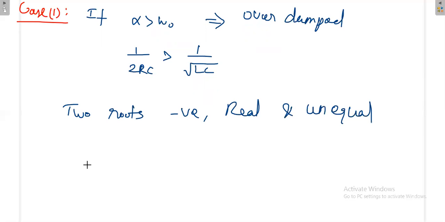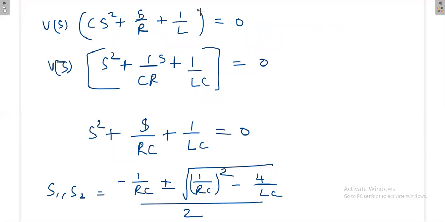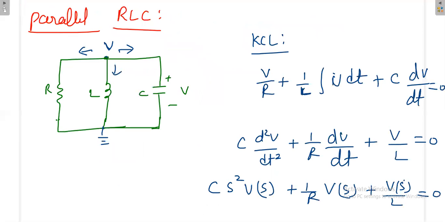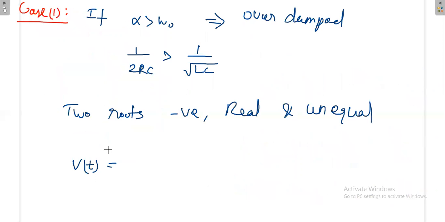Then what would be the response? The response means how the voltage across the capacitor is getting decreased. That is Vt is equal to A1 e power S1t plus A2 e power S2t. Here A1 and A2 are constants.